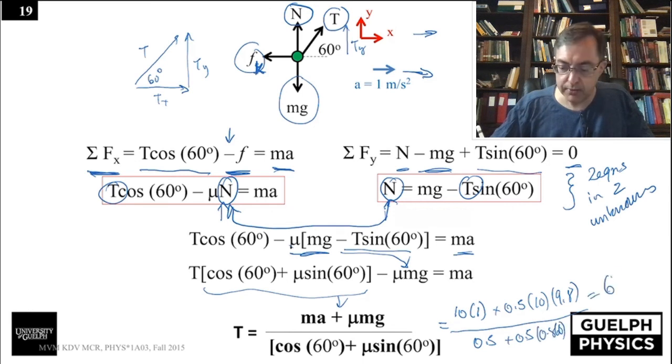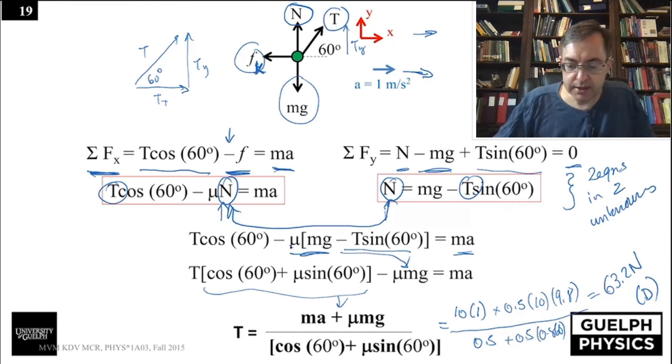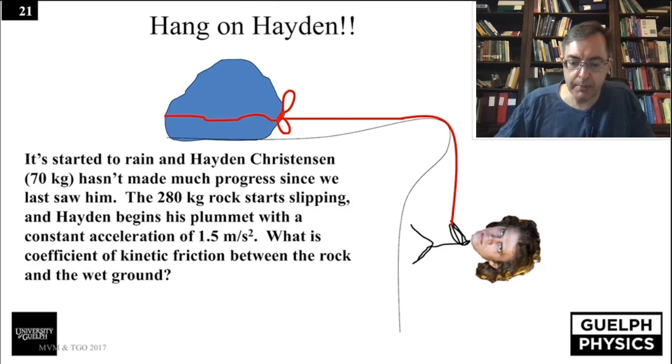Putting that all in, I get 63.2 newtons, which is answer D. Okay, so that is an example of a non-equilibrium dynamics problem where the acceleration is non-zero. And let's do one more example here.